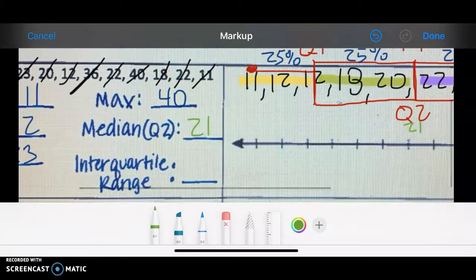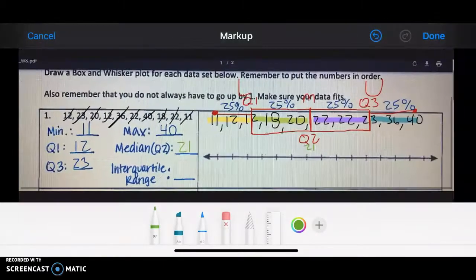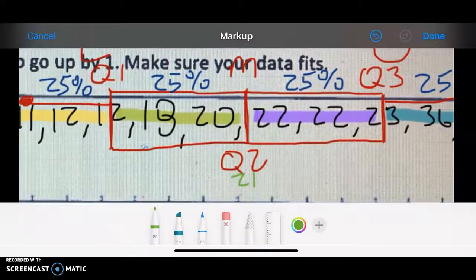And then we have the interquartile range. The only way that I can remember this is what's on the inside of the box. Well, the highest number is 23. The smallest number is 12. So range, meaning how far apart are they? Some people would say it's from 12 to 23.